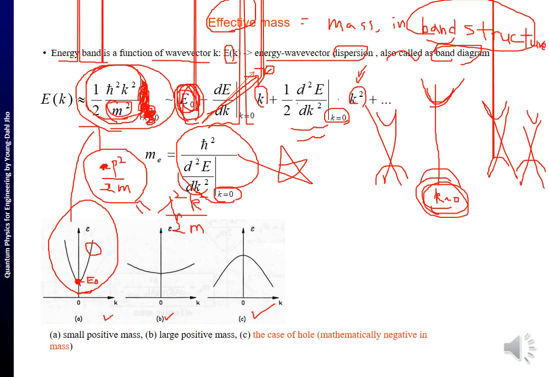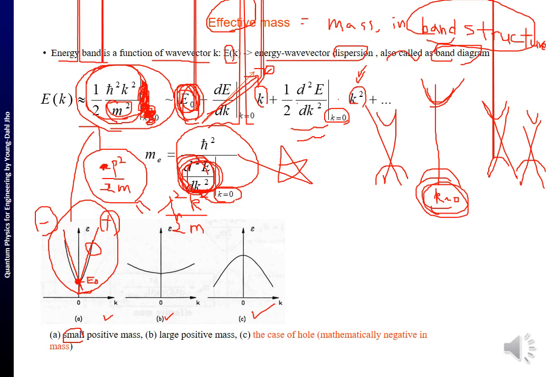This is the second order derivative, and here if we take the derivative, it's a minus value, which is pretty large, and then we take the derivative here, a positive value, pretty large, and then we take the second derivative, meaning their gradient, minus to plus, it should be positive and very large. If this denominator is very large, then m_e should be very small, because the denominator is very large.